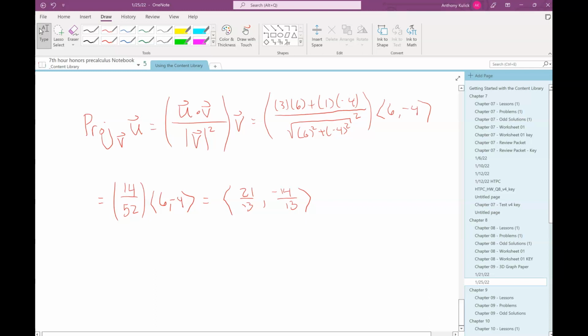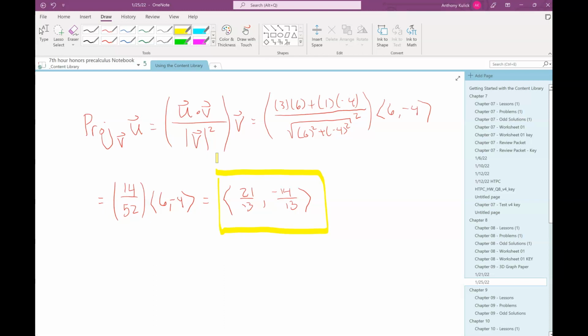Just reducing. So that's my answer for the question in yellow. Questions so far? Okay.